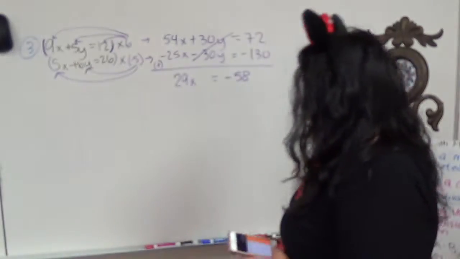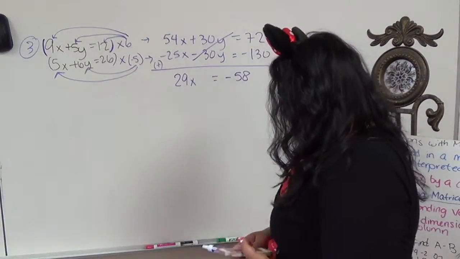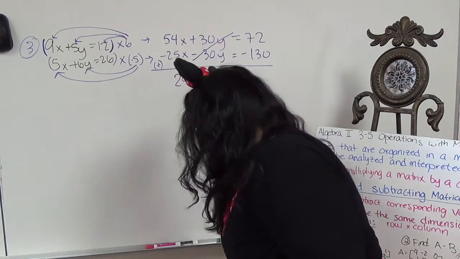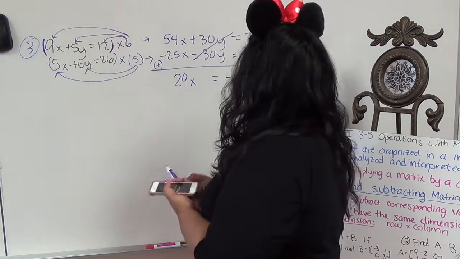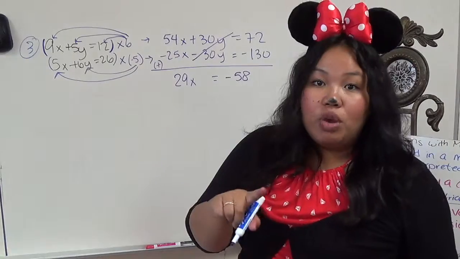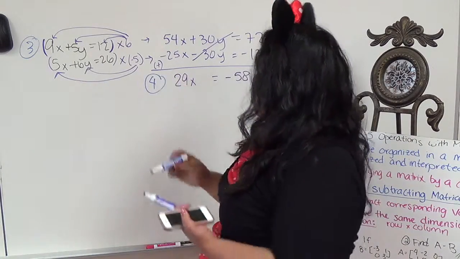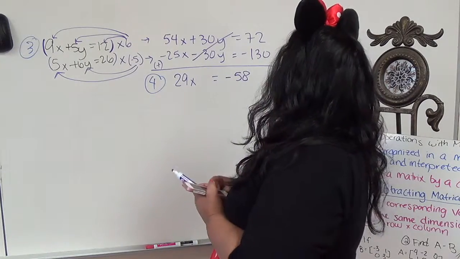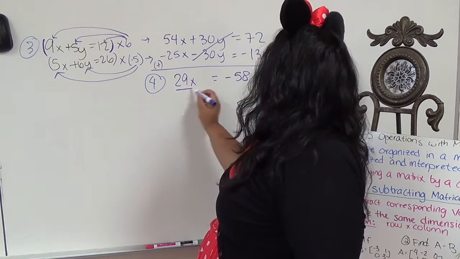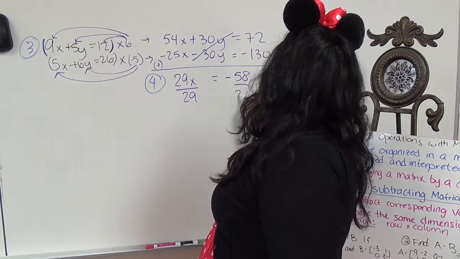My next step, it says here, on step 4 is to solve. So now that I've narrowed it down to just one variable, then I can just solve like I regularly would by isolating the variable. So number 4 is telling me to solve by isolating the variable, and all I need to do is divide both sides by 29.